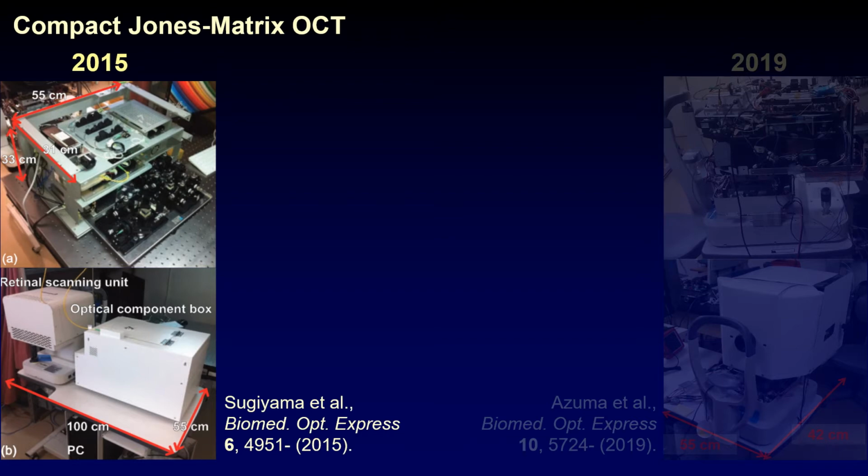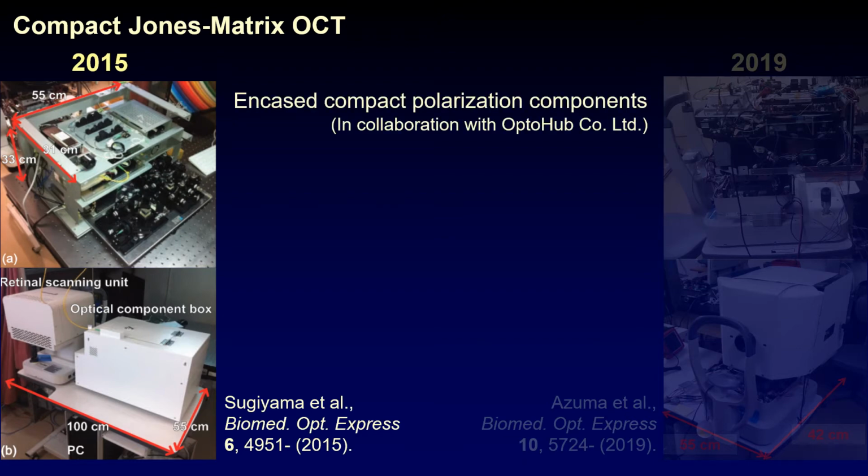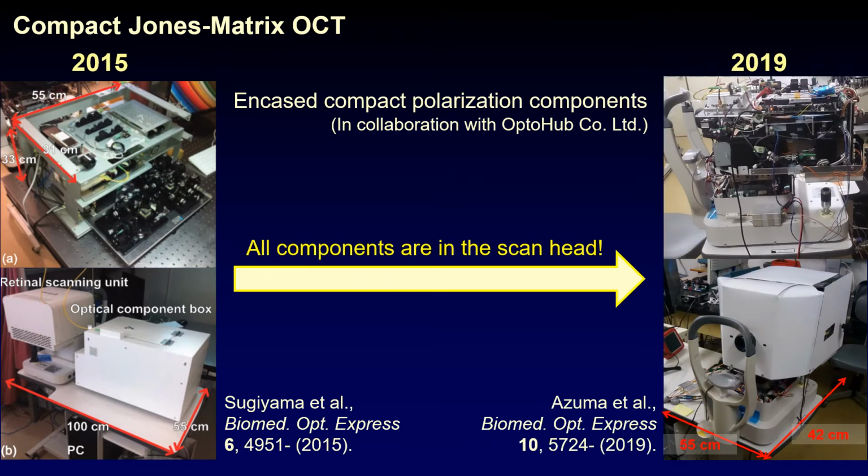The first clinical prototype that was released in 2015 had a footprint of 100 cm times 55 cm. One improvement we made to the prototype is the introduction of encased compact polarization components. Owing to this introduction, now everything about the OCT is packed in a single scanning head.